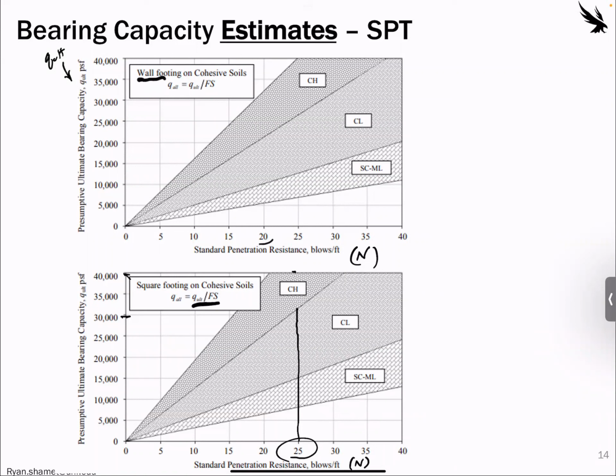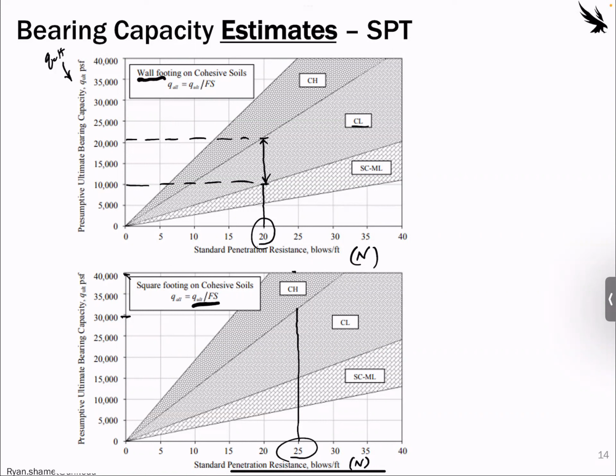So this is at least what you should expect. And we're working on developing these for Florida specific soils. The DOTs and other industries are looking at developing these types of charts for specific geologic regions, because it wouldn't make sense to use a chart developed for soils in Dubai in Michigan, something.